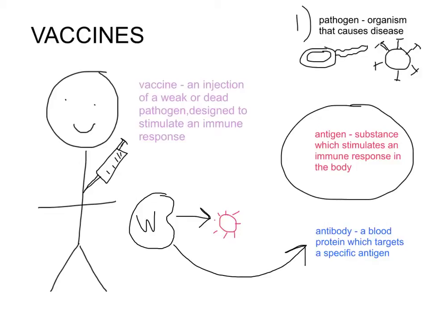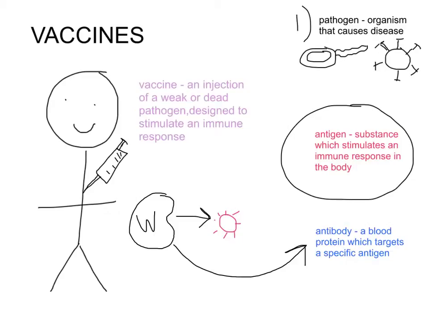Now these chemicals that I'm referring to are antibodies. So white blood cells can actually start to produce antibodies, and they are blood proteins which target specific antigens. So every antigen has a specific antibody that will target it. So the white blood cell could either engulf it, or it can secrete these antibodies which would lock on and destroy those antigens.